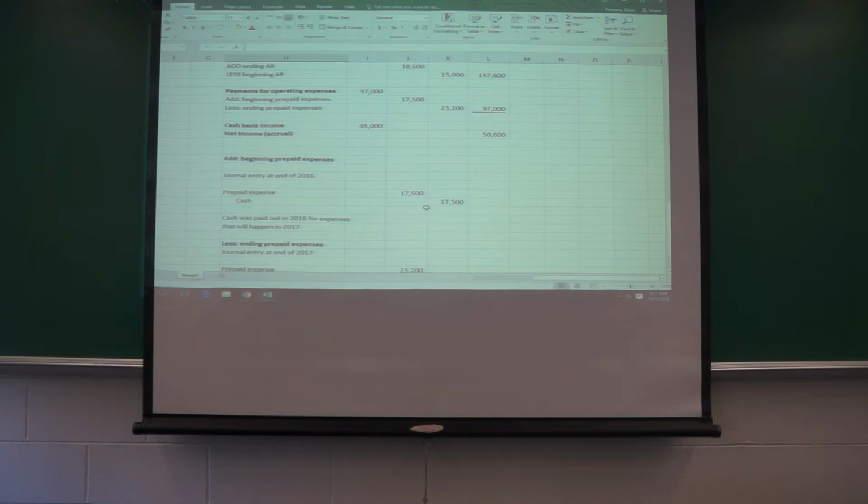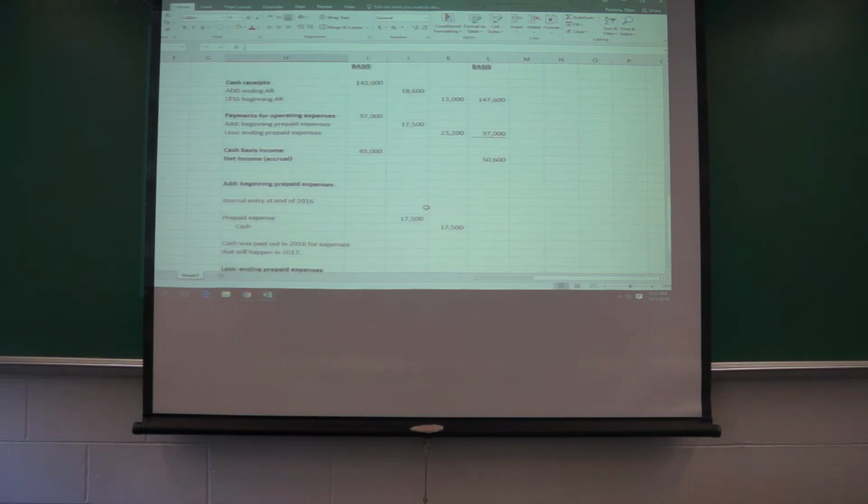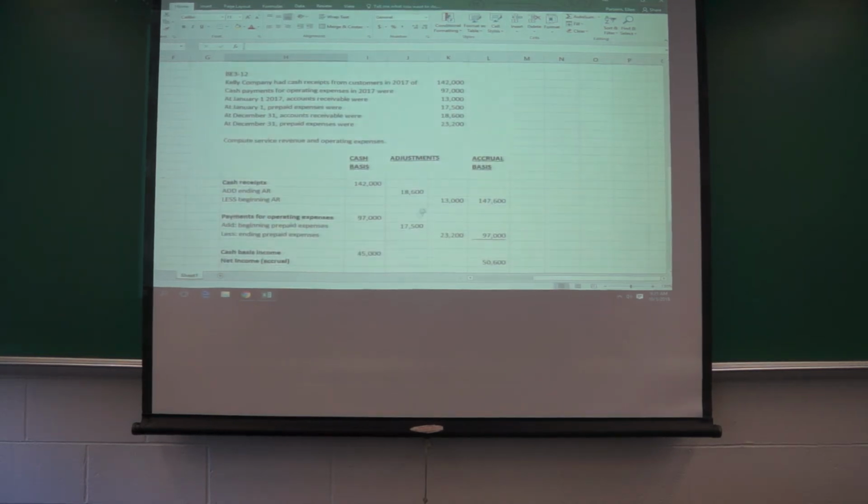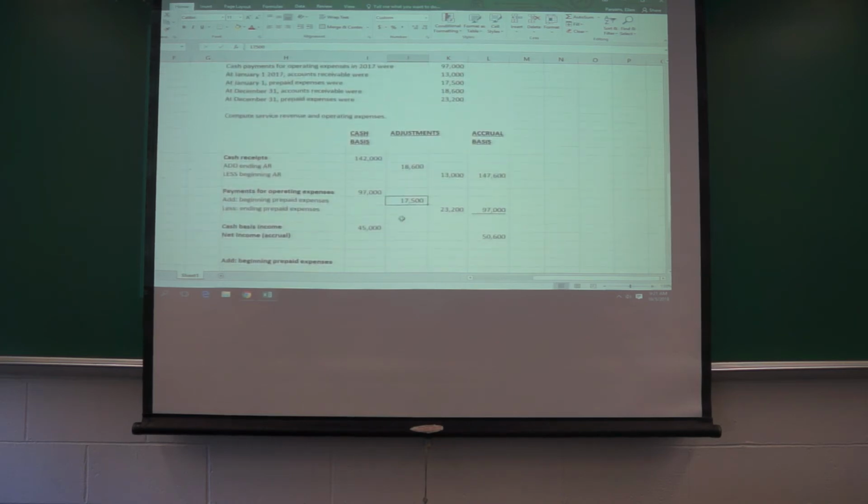So the cash was paid out in 2016 for an expense that's really going to happen in 2017. So in that instance, we're going to have to add that as an adjustment to our expenses for the year.